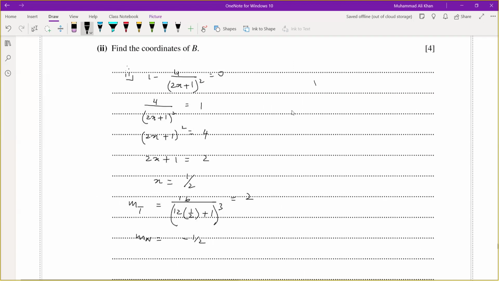So, equation of normal will be y minus y1 equals m into x minus x1, m is minus half and x1 is half. Now, 2 cross multiply: 2y equals minus x plus half.